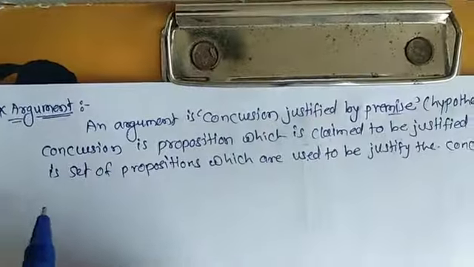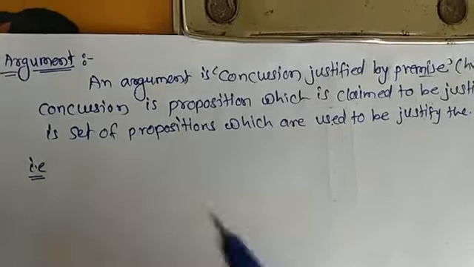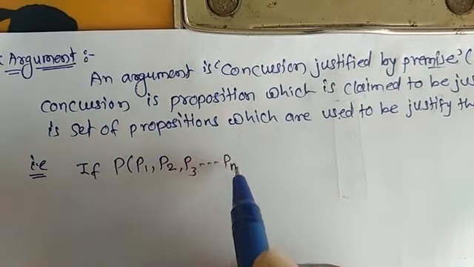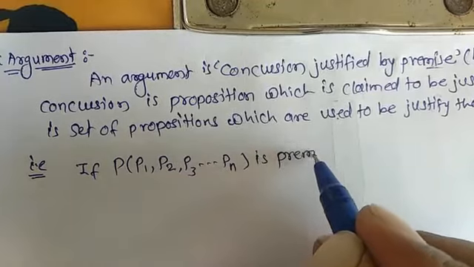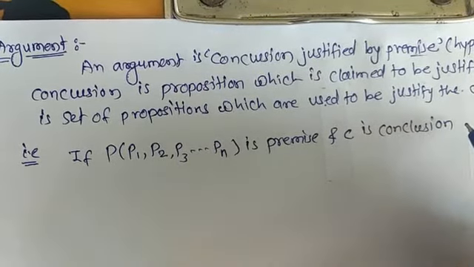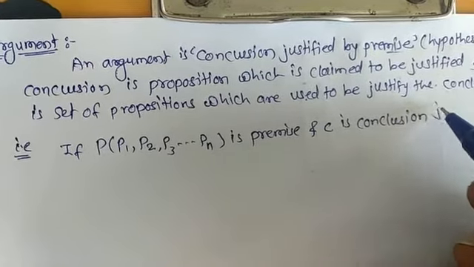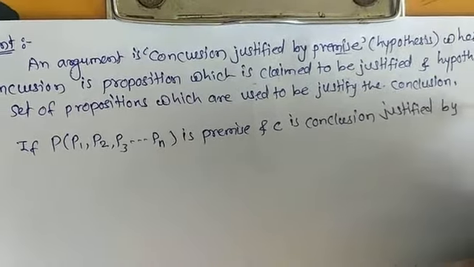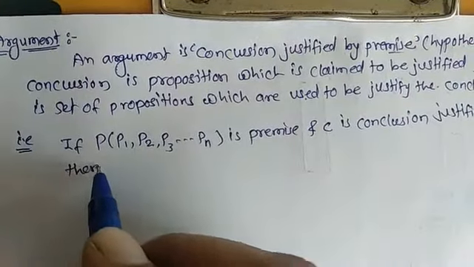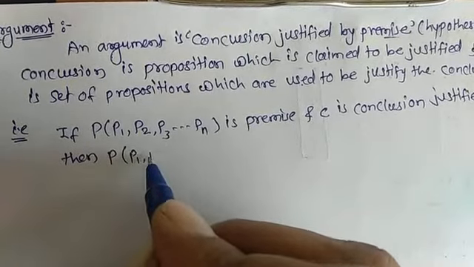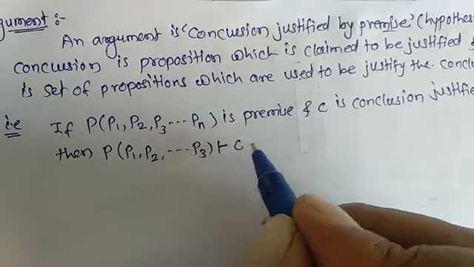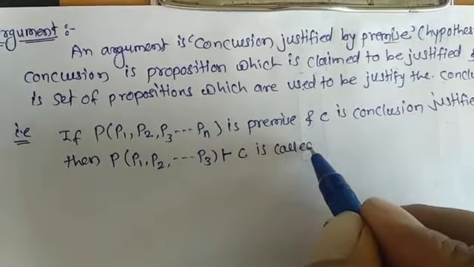Or you may say that if capital P, in brackets P1, P2, P3 up to Pn, is the premise, and C is a conclusion justified by the premise, then P (P1, P2, P3 up to Pn) concludes C. This notation is called an argument.